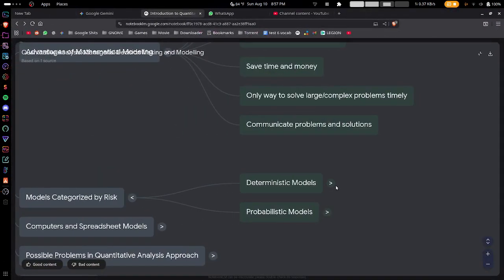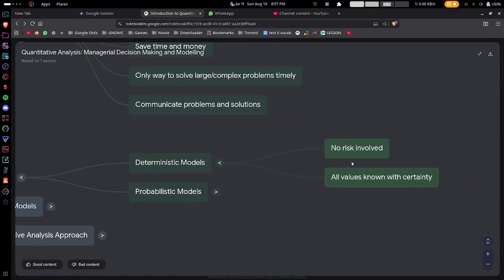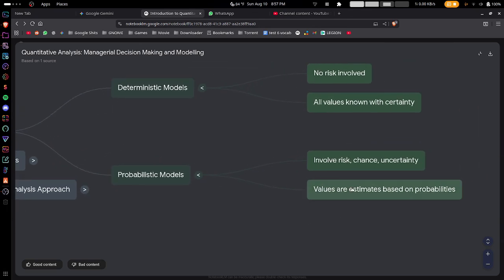What are they? In one line, a deterministic model has no risk involved and all values are known with certainty. The probabilistic model is the opposite: it involves risk, chance and uncertainty, and values are based on probabilities.